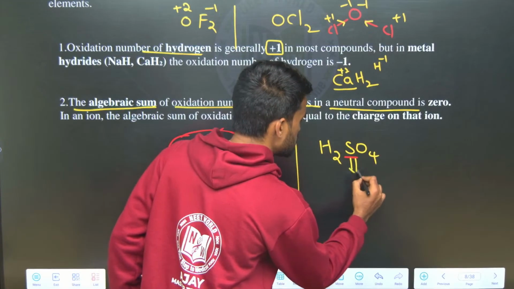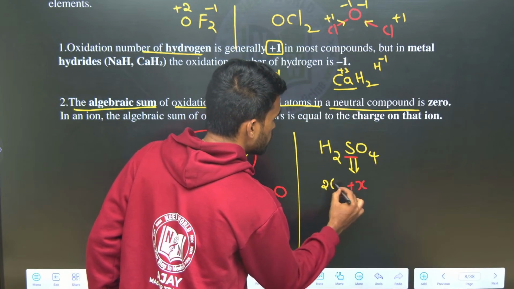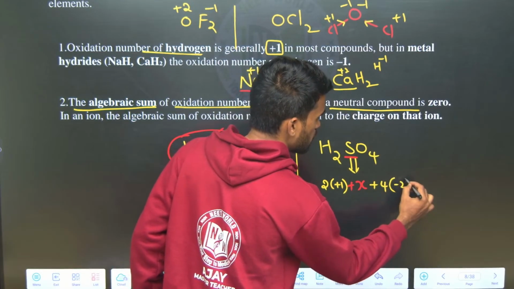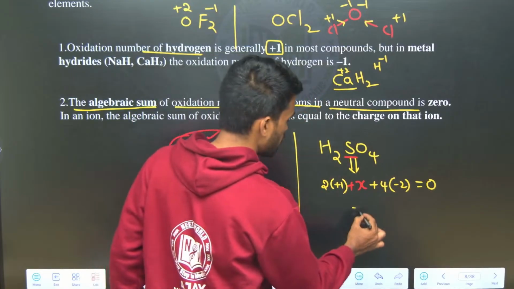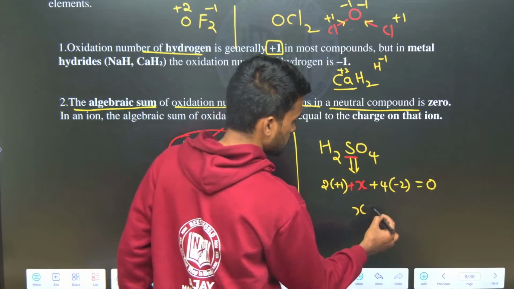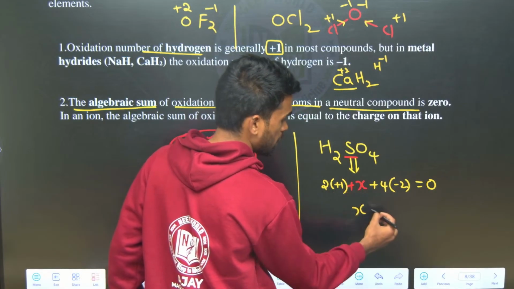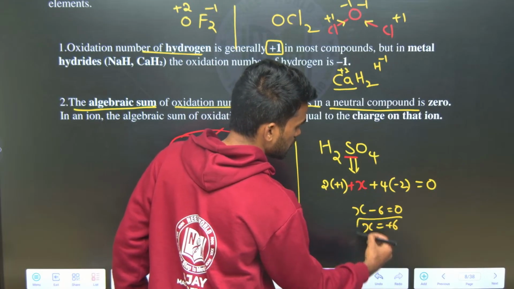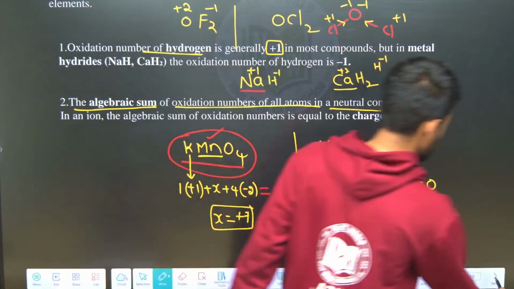Consider its value as X, and how many hydrogens are there? 2, each one +1, and how many oxygens are there? 4, each oxygen -2, overall neutral, so 0. So X will be -2 + 6. See, 4 2s are 8, -8 + 2 is -6. So I can say X will be +6. Very simple now, right? Next we will move forward.